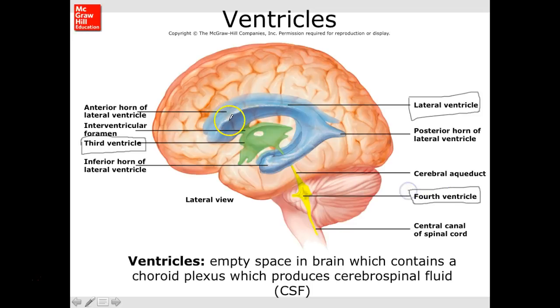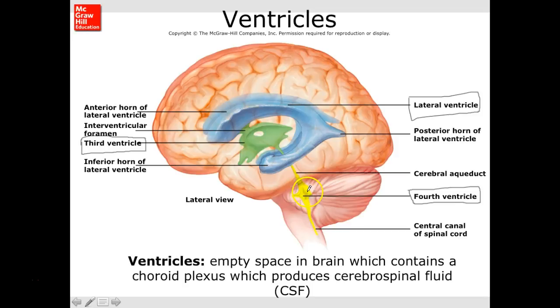And the way our cerebrospinal fluid moves is it gets formed first in these lateral ventricles. It's going to move through the interventricular foramen to the third ventricle. Then from there it moves through the cerebral aqueduct, also known as the aqueduct of Sylvius, over to the fourth ventricle.